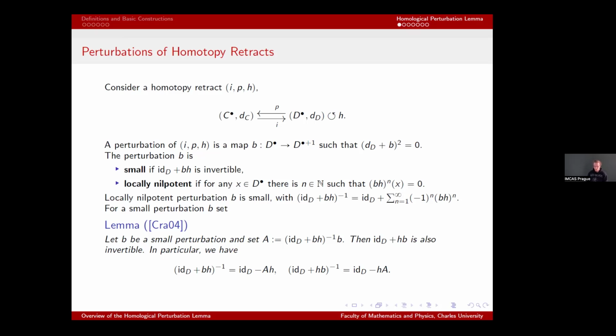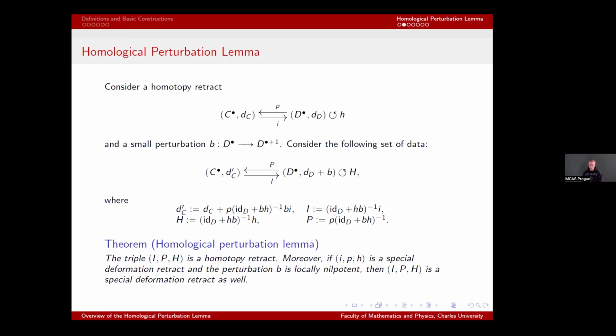The proof of this lemma consists only of algebraic manipulations and usage of the properties of the involved maps. We needed this lemma because, when defining the perturbed data, we are using both of the compositions BH and HB, and we are inverting them.